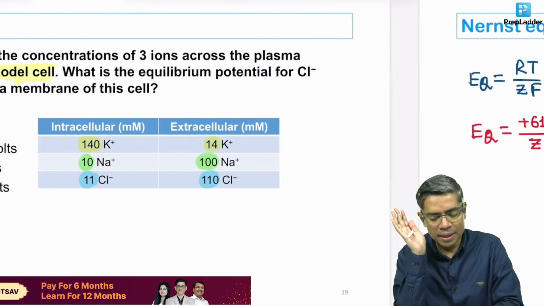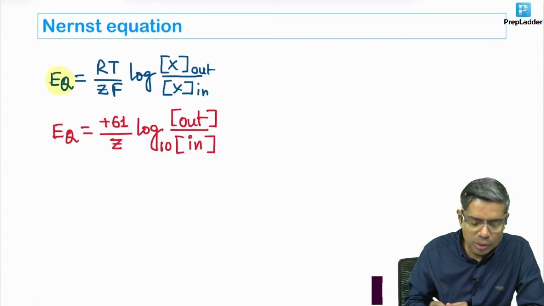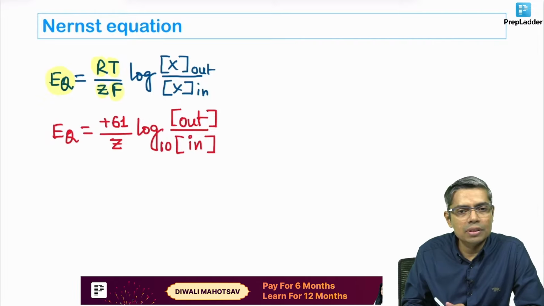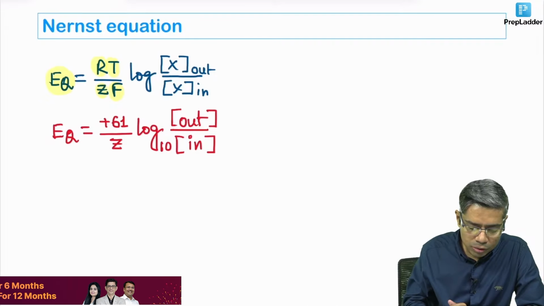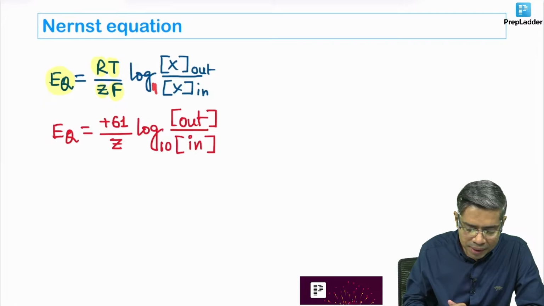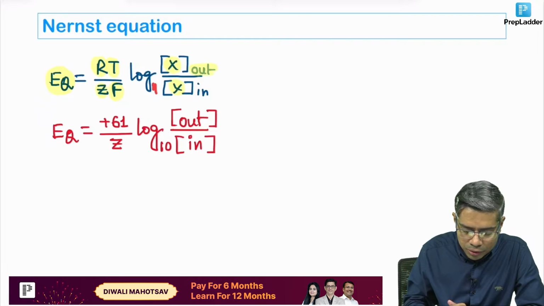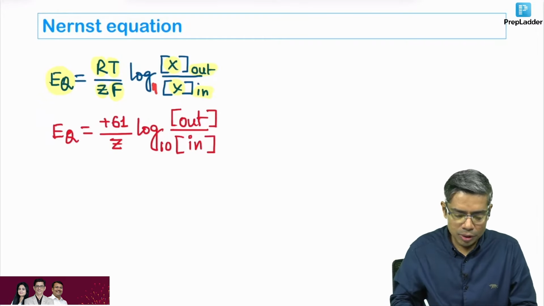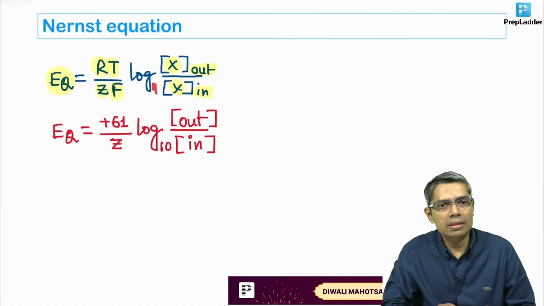All of you know that according to the Nernst equation, the equilibrium potential of ion X is RT upon ZF, a constant fraction except the Z, followed by the natural logarithm of the outside concentration of the ion upon the inside concentration of the ion. This is the formula. Now, we generally do not remember this RT upon ZF, because this is a constant.